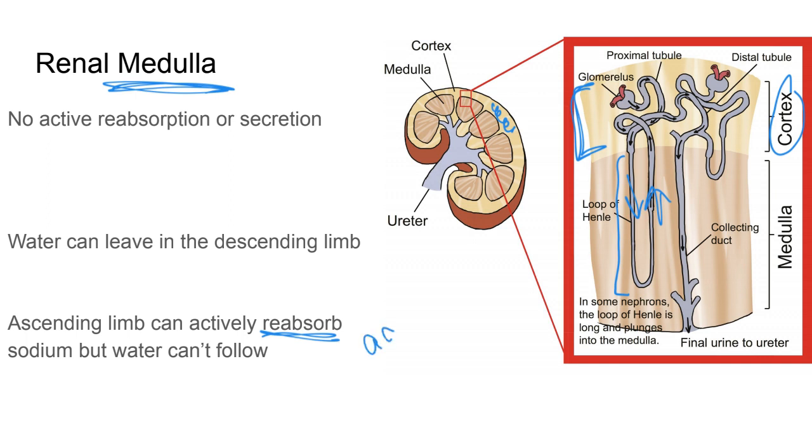I don't know if you noticed on one of the previous pictures, but there was something called an aquaporin channel. Water needs these aquaporin pore openings to easily flow back and forth across cell membranes. And so in the ascending limb, while sodium is being reabsorbed back into the capillaries, water is unable to follow it because there are none of these aquaporin channels.